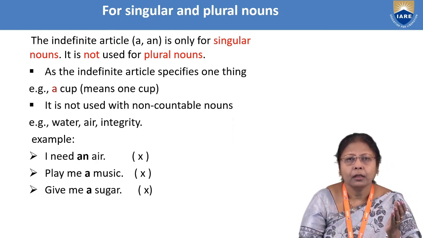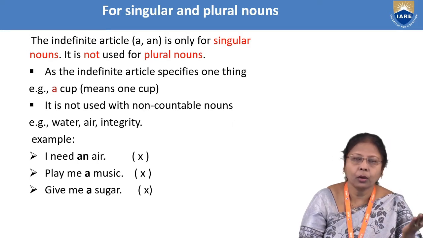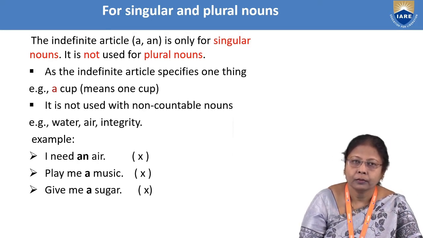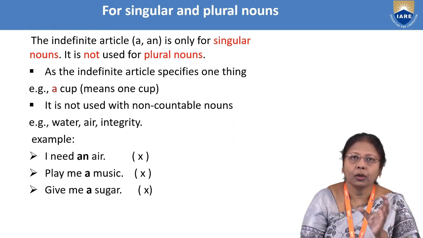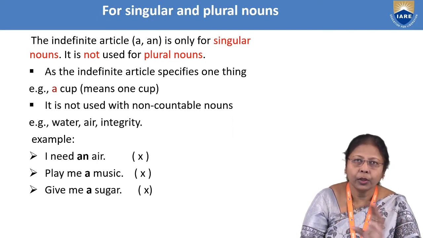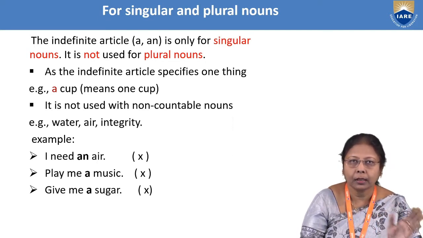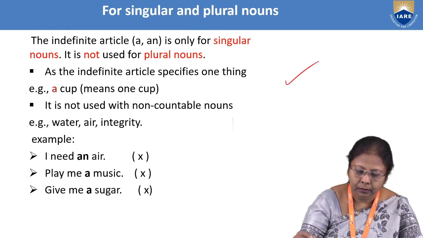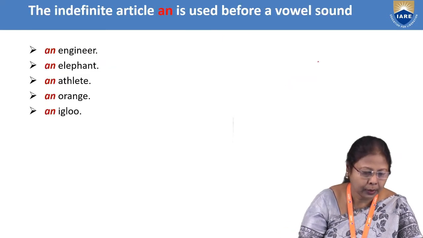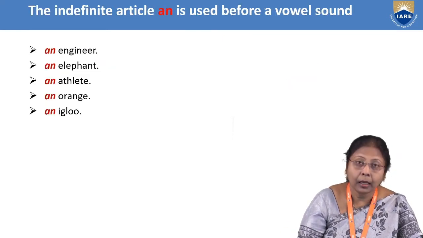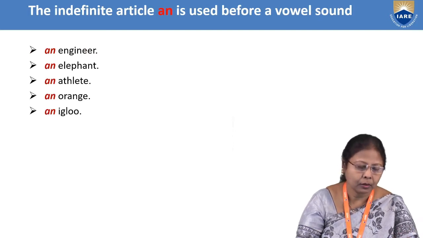"Give me sugar," not "a sugar" or "an sugar." No. "Give me the sugar" is also not correct. So the things which are non-countable, we should not use any of the articles. Keep it in mind.